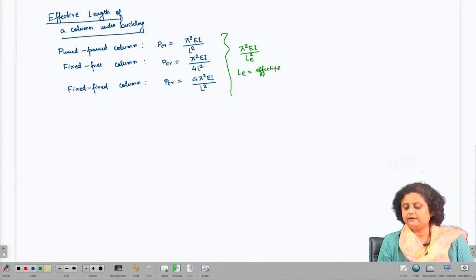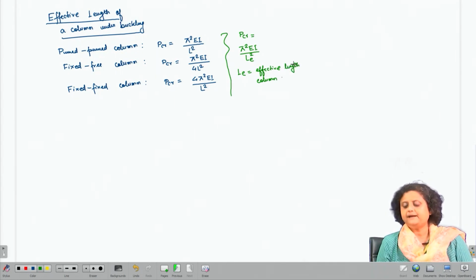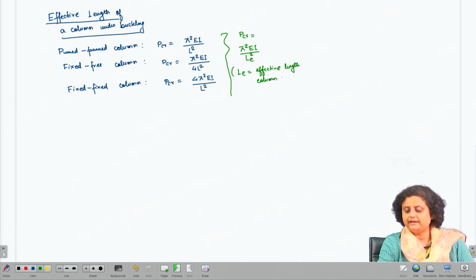So, irrespective of the boundary condition, the expression for critical buckling load can be written as pi square E I by L E square, where L E is called the effective length of the column, which is used as a common terminology in column buckling.